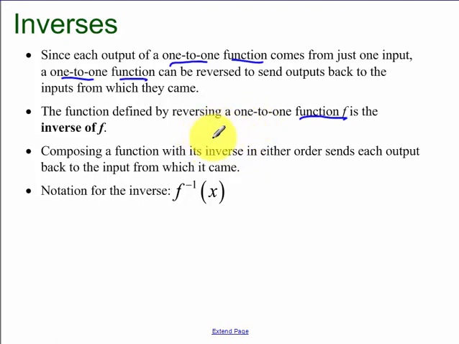I can find the inverse of anything, but the ability to solve for y and write it as an inverse, this is the notation we use for inverses, tells me that it is a 1-to-1 function. Now, composing a function with its inverse and you get back the value of x, that tells me that we have an inverse.